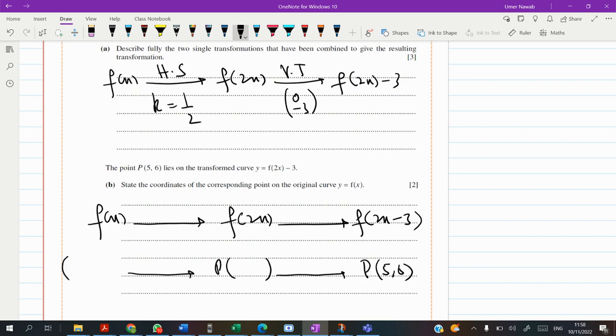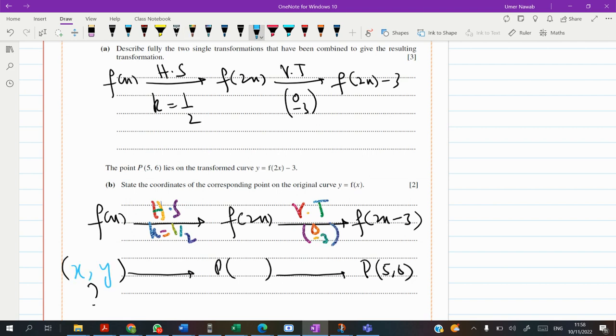And then you find this point. So this is the question mark. Here the scale factor was, this was horizontal stretch, you remember, horizontal stretch, scale factor was half. Here the vertical translation (0, minus 3). Can I start from here?